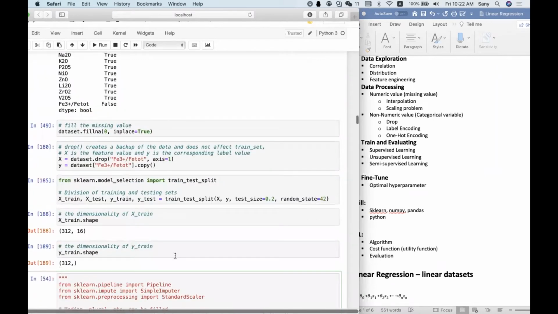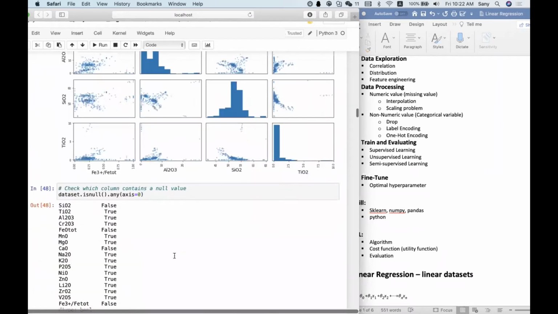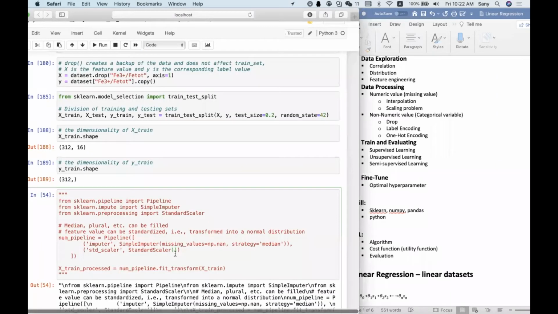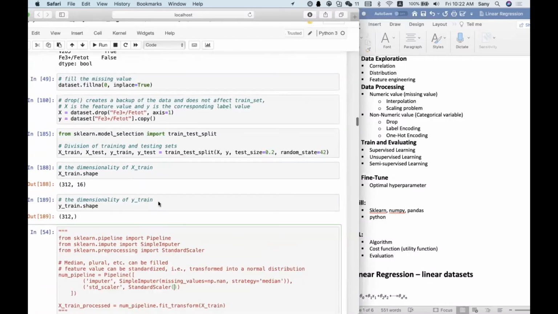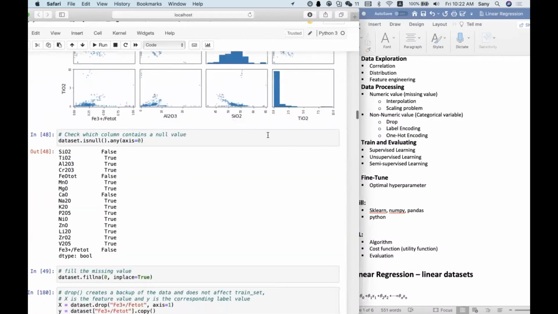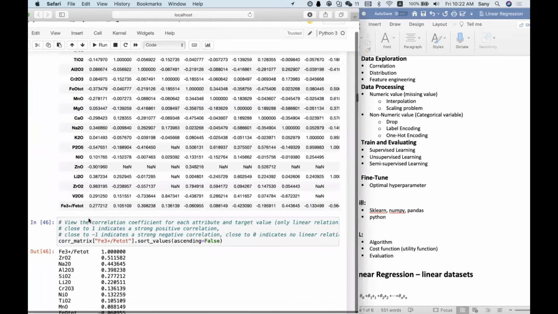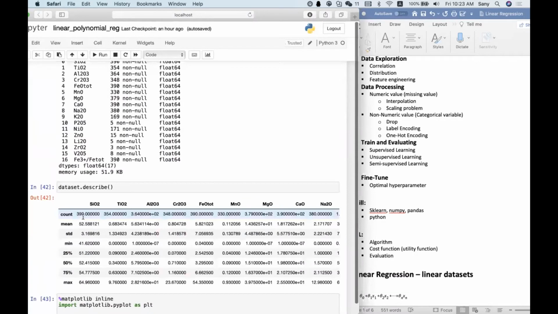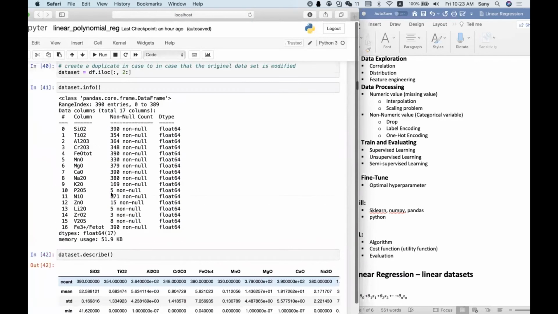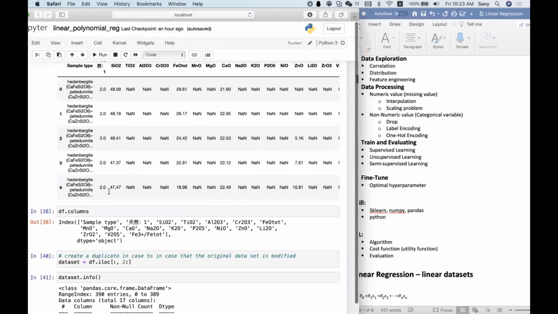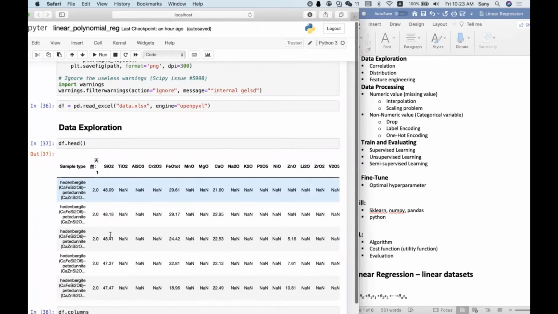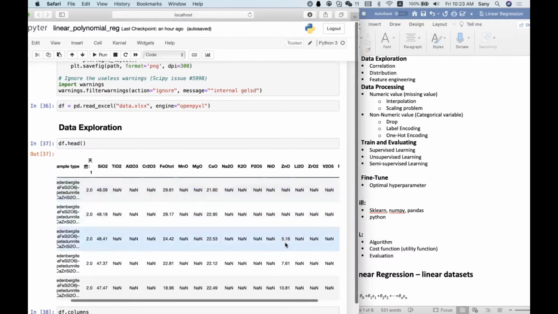And the standard scaler is for standardization, because every column has its own magnitude. Like we can see here, for the SiO2, almost every number is above 40, but for the ZnO, it concentrates around 10.